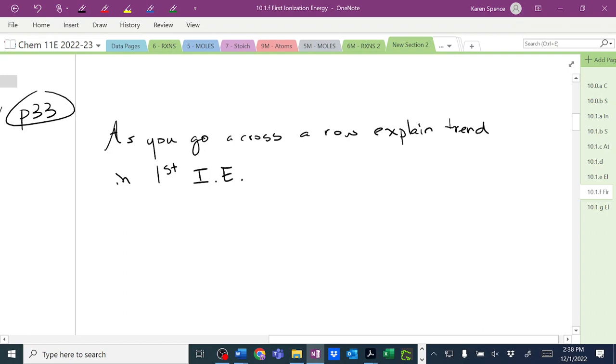Excellent. So as we go across the row, what should we talk about? Number of protons increases. Number of core electrons stay the same.